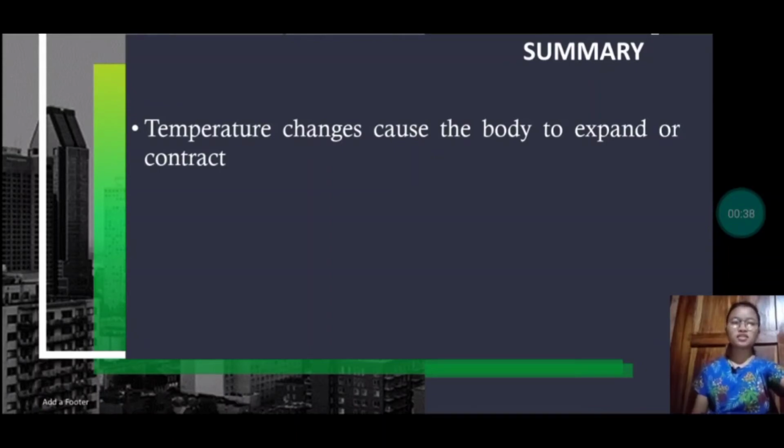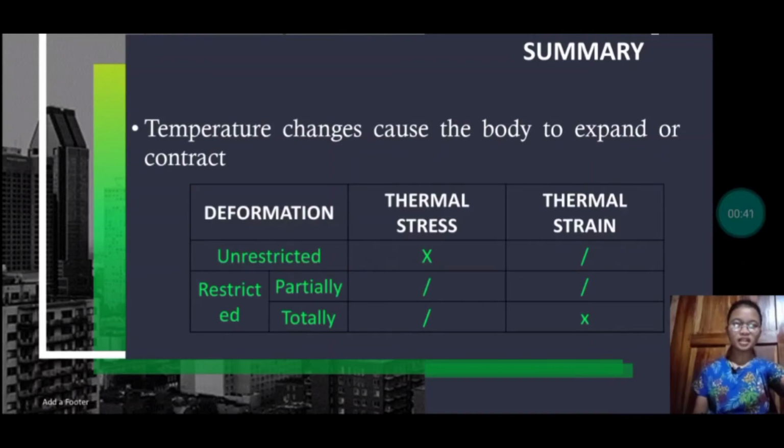Meaning, if the deformation is unrestricted, mag-elongate continuously ang object since wala may restrictions nga mag-limit sa iyaha nga mag-elongate. So, there will be no thermal stress, only thermal strain.